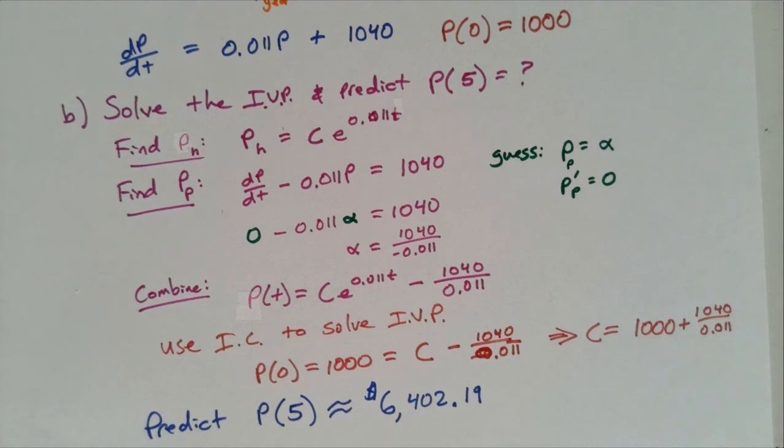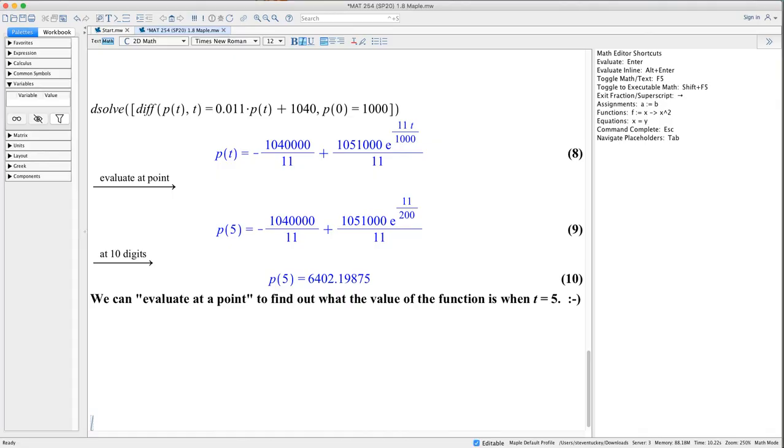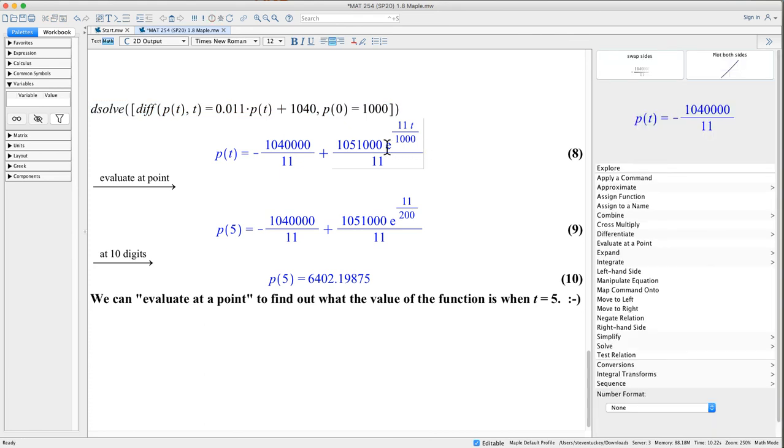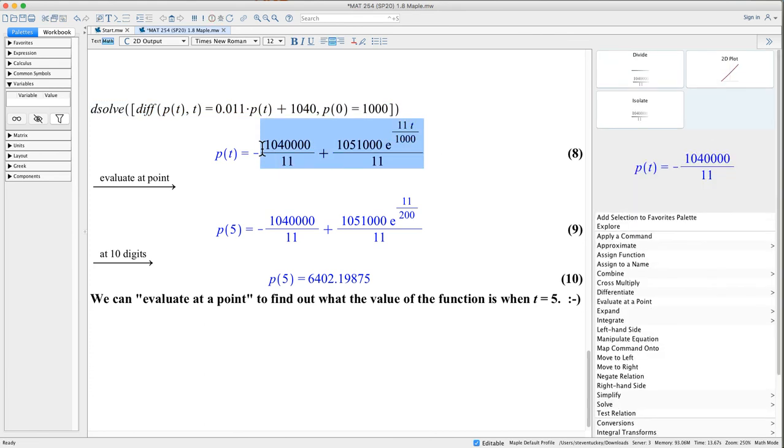So switching over to Maple here, we can see that we can solve our differential equation and include the initial condition to do a dsolve of the IVP all at once. And notice Maple gives it to us with that denominator not as a decimal, right? It doesn't like carrying around the decimal. But it's 100% accurate.